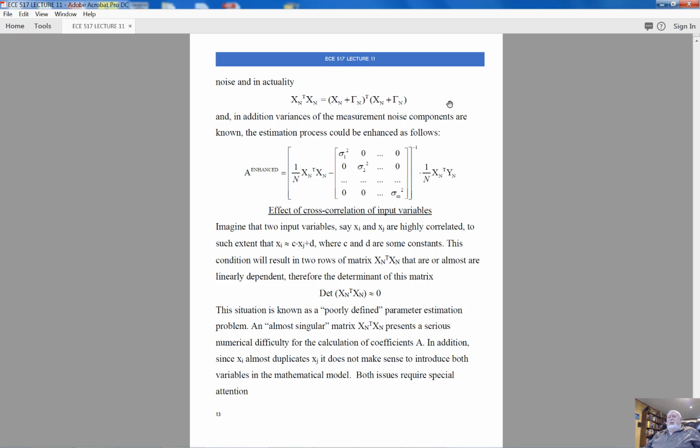So, what could we do about this? If I know that input contains noise, and also if I know the variances of this noise, where could variances come from? Obviously, the effect of a storm with lightning on our measurements could not be quantified. However, every piece of instrumentation, every sensory equipment comes with the suggested accuracy. So for every piece of machinery, for every piece of monitoring system, we have these sigmas squared.